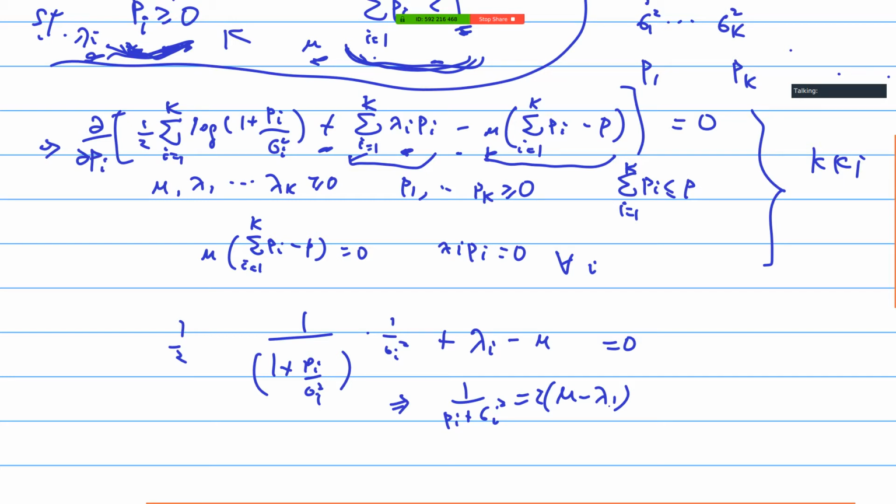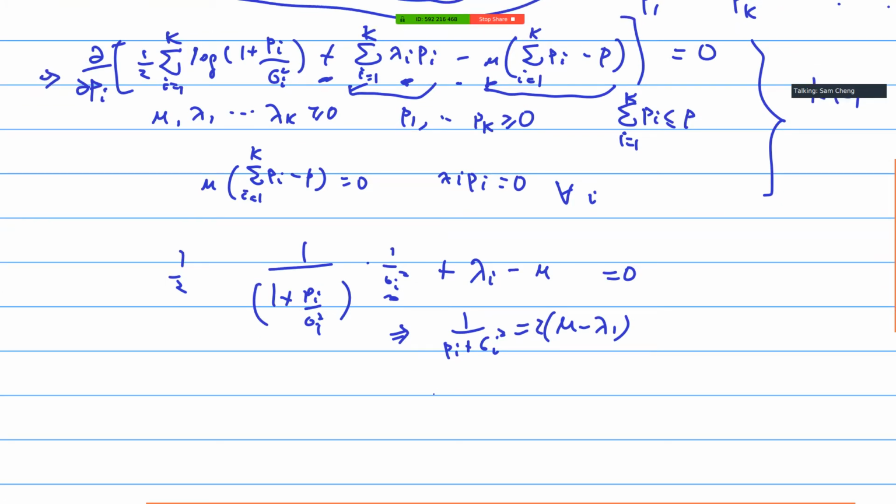Where times sigma? There's no sigma here. This sigma i squared times this got cancelled, right? The sigma i squared times it is our sigma i squared. That's why I have pi plus sigma i squared here. And therefore pi plus sigma i squared is equal to 1 over 2 times mu minus lambda i, something like that.